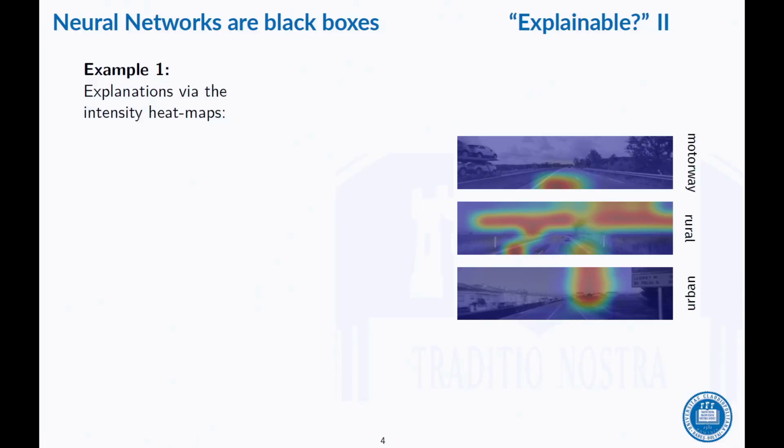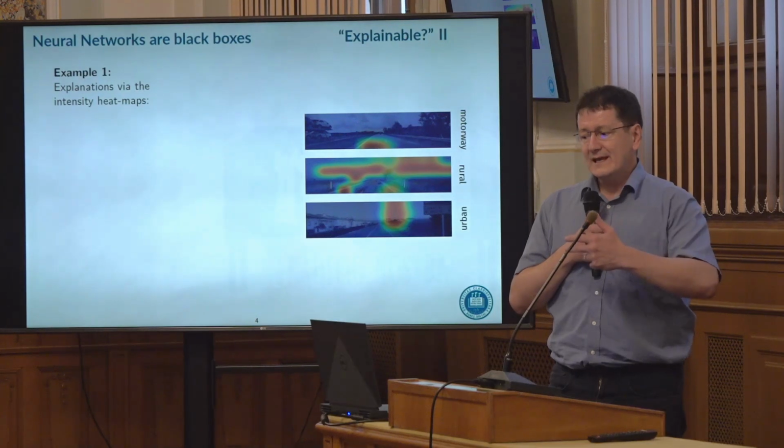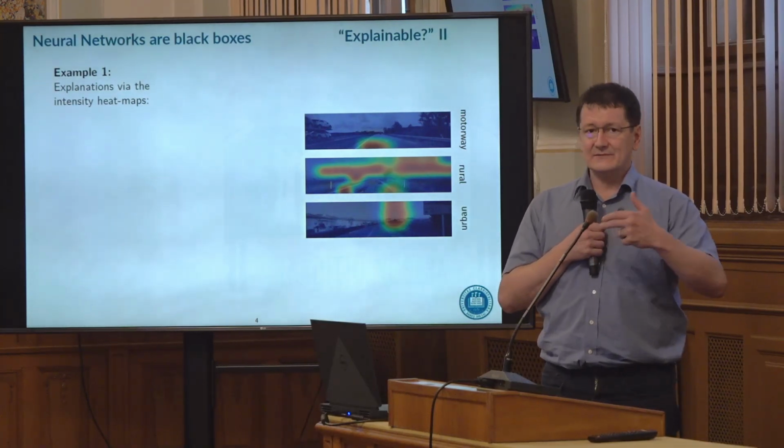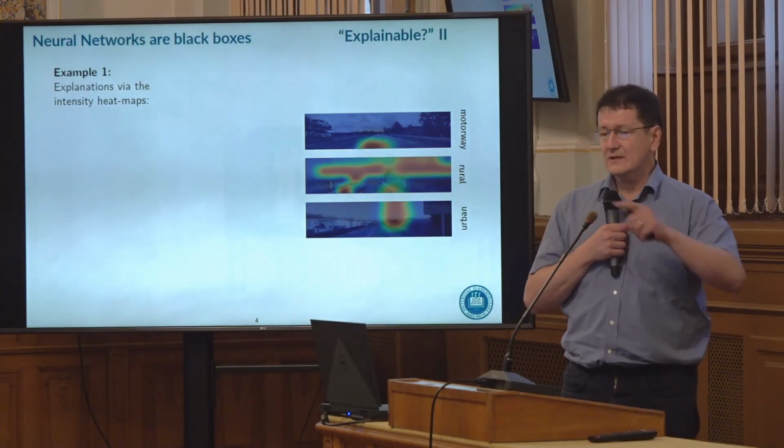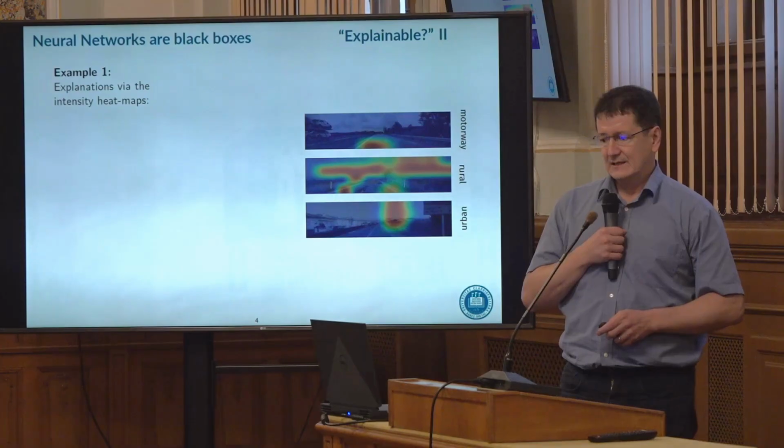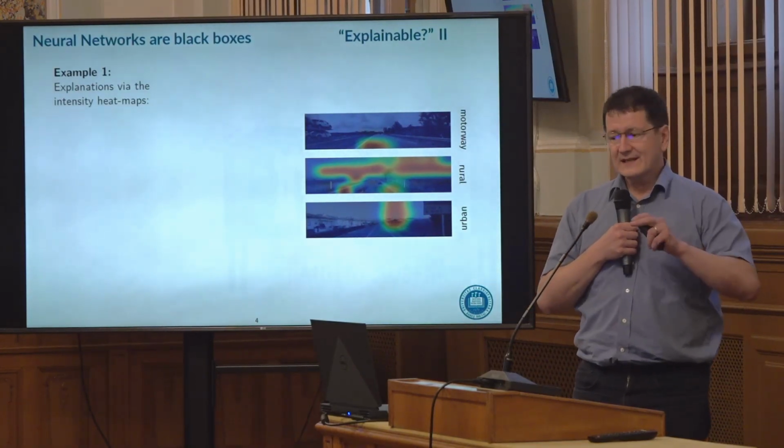You see there are three images: the top represents the motorway, the second is the rural type, and below is what we call the urban type. The heat maps are saying that probably the reason why the classification is such is because the heat map is indicating it. So we want to achieve something like that.